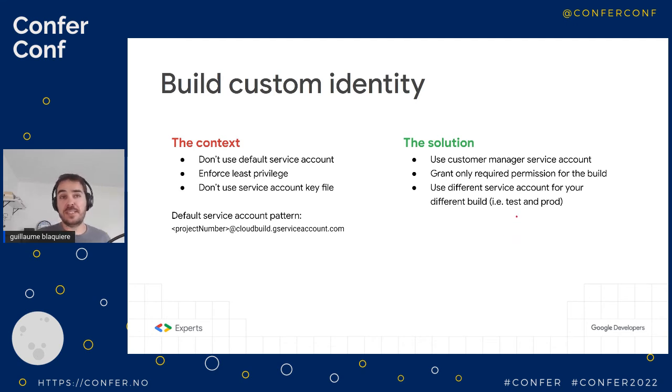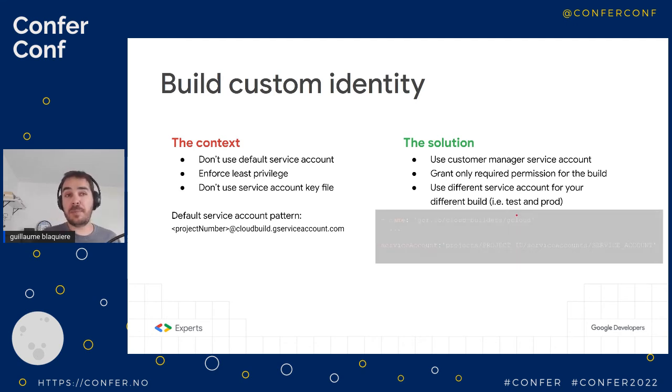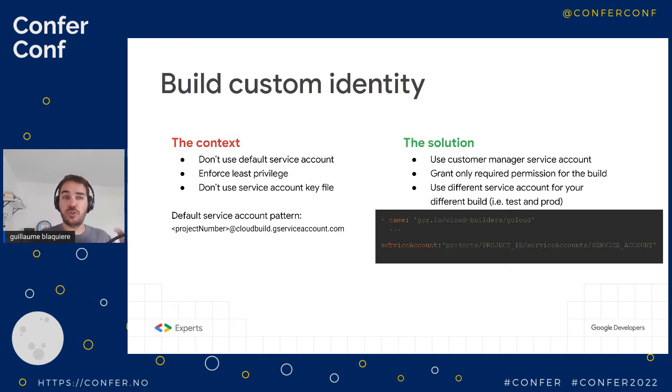And you can load this service account in your pipeline. So also as a global definition, you can set your service account and define the service account email that you want to use with your pipeline. And like that, you are secure by design.